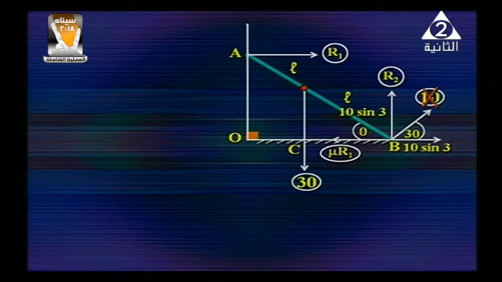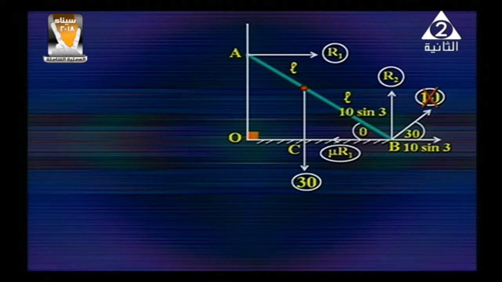Solution. Look, dear student, at AB. It's a uniform ladder, its weight 30 Newton acts at the midpoint of AB.